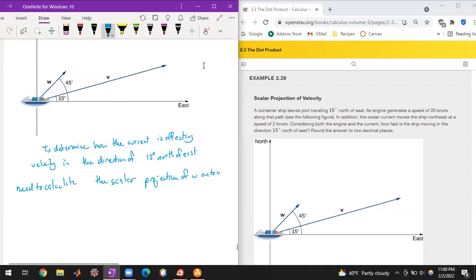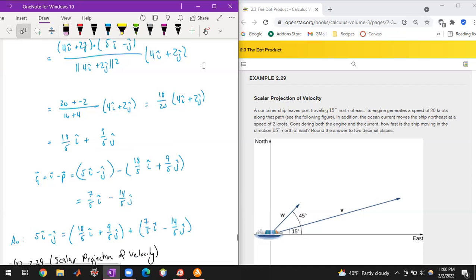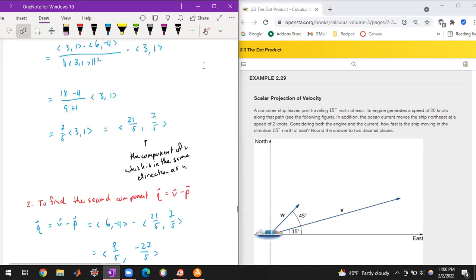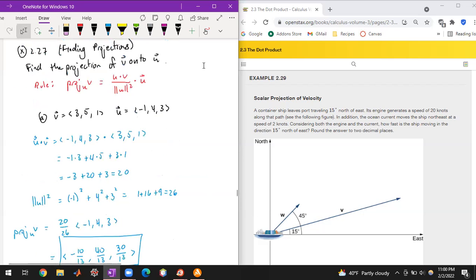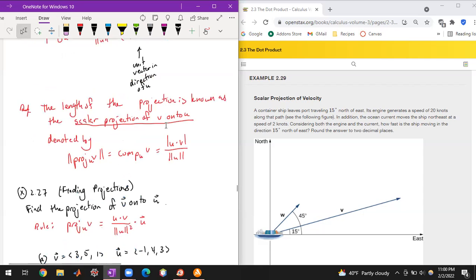So let's scroll back up and see what that formula for scalar projection was. Here we go. The scalar projection of one vector onto another is denoted by comp sub u of v, which is the absolute value of their dot product divided by the magnitude of the vector that we are interested in the projection onto.